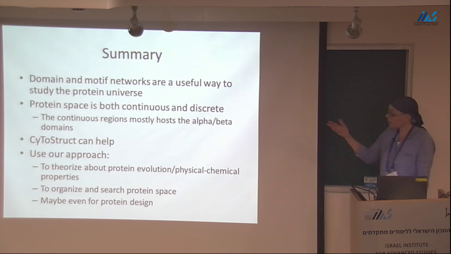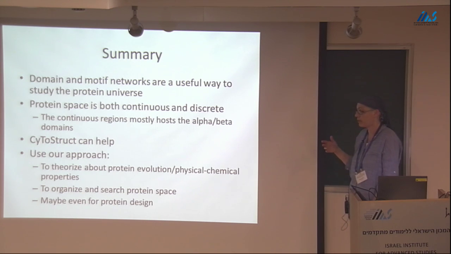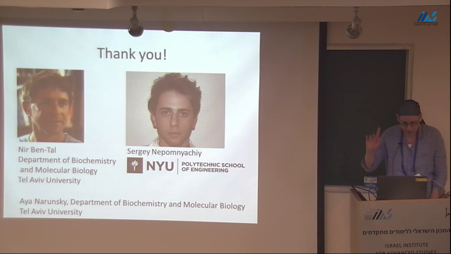And that Cytoscape can help in this case and in others. We think it's a really useful way of visualizing things. And we hope that people will use, and we will use, our approach to theorize about protein evolution and the physical chemical properties of proteins. And maybe it will help to organize and search protein space better, and maybe even help protein design. Who knows? You never know.